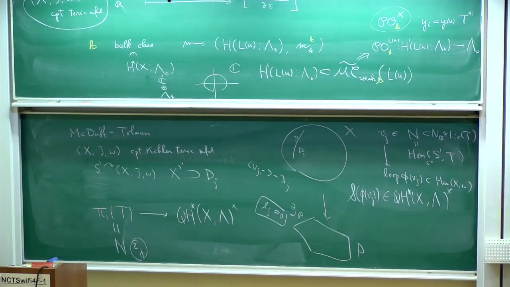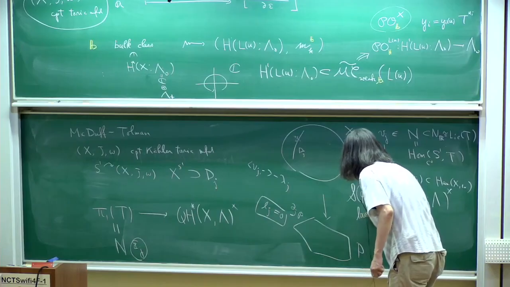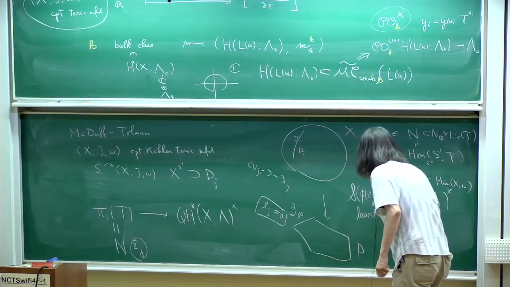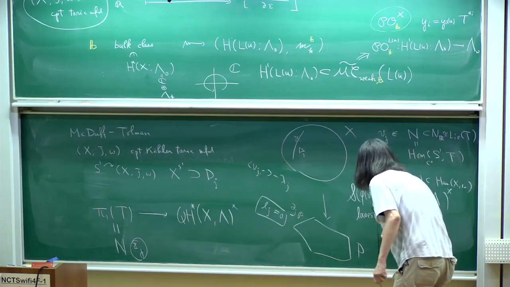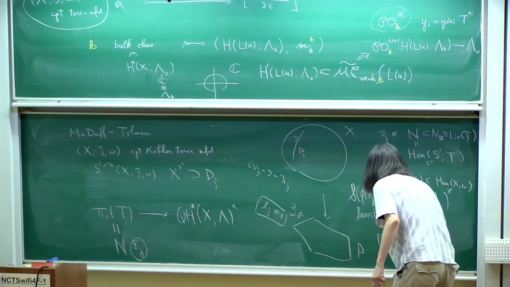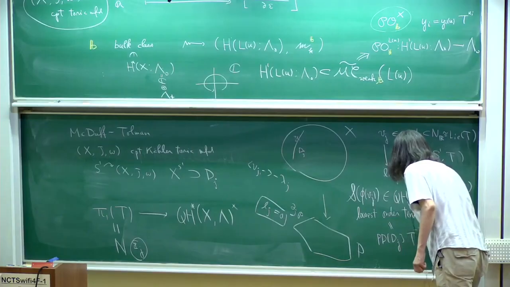You have a Seidel element, and then the lowest order term is equal to this Poincare dual class of Dj times t to the power minus lambda j or something.